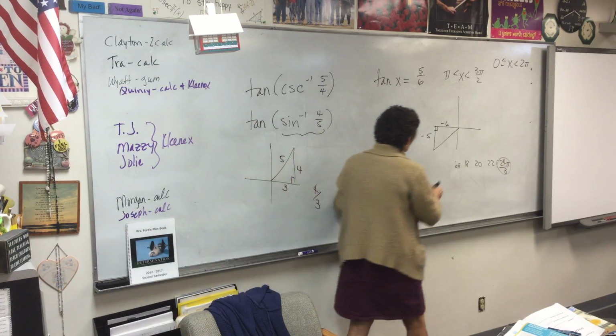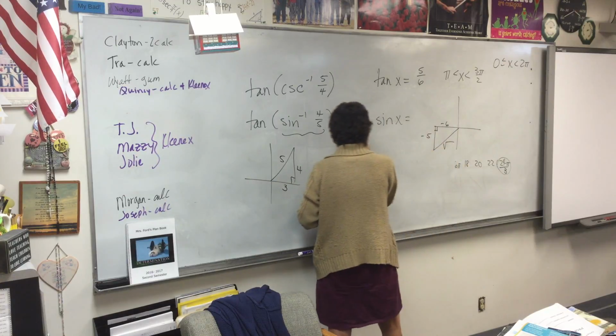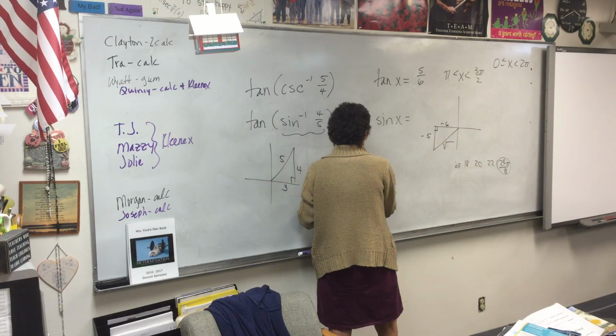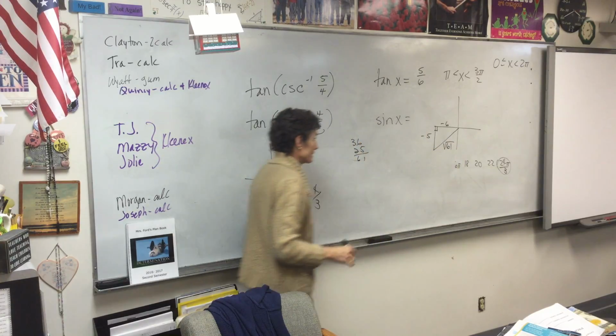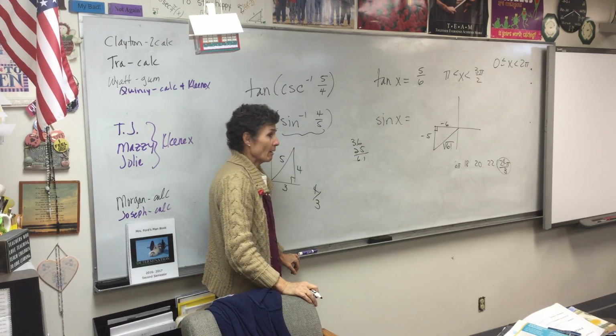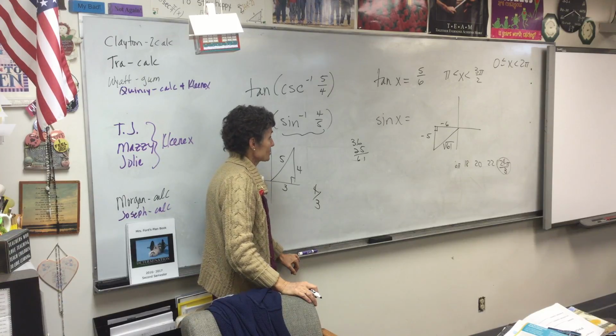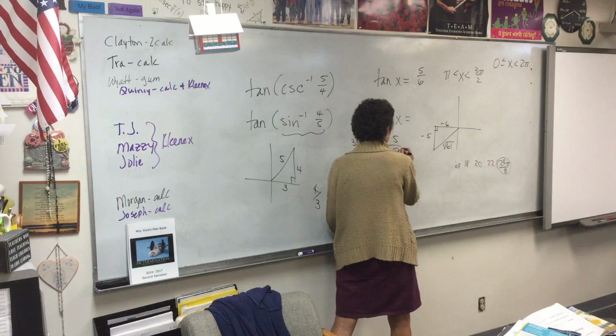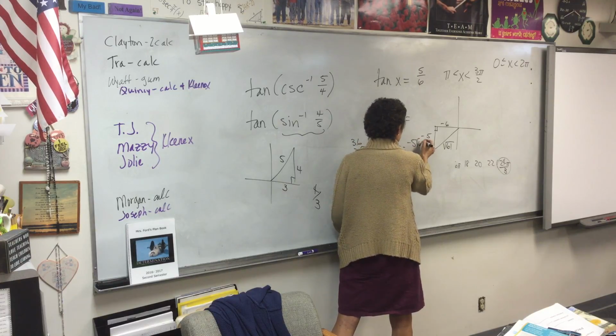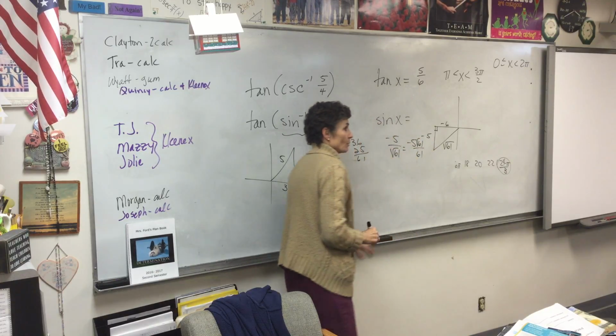And then my hypotenuse will be the square root of 61. Now I want the sine. So the sine would be -5 over root 61, or -5 root 61 over 61.